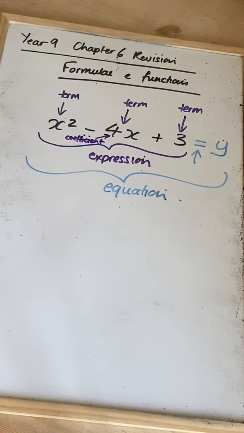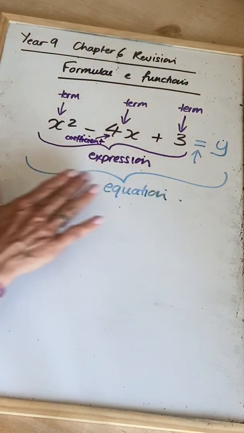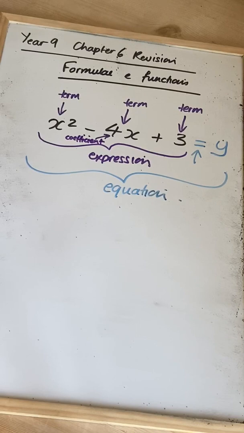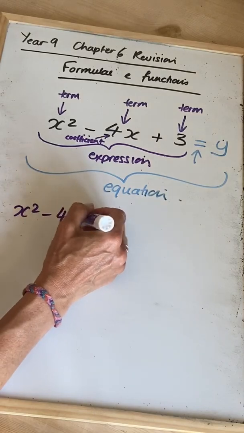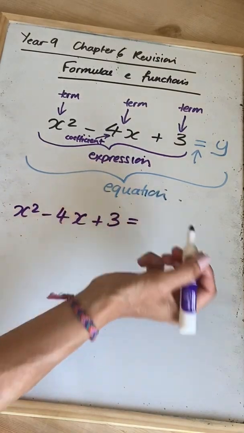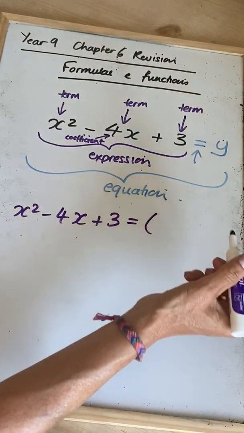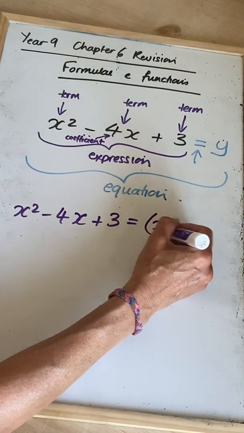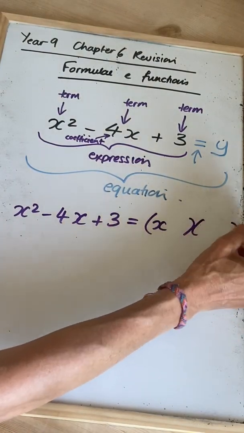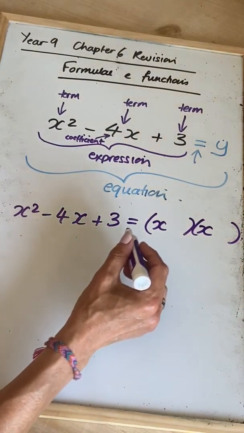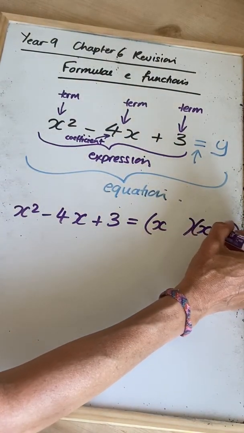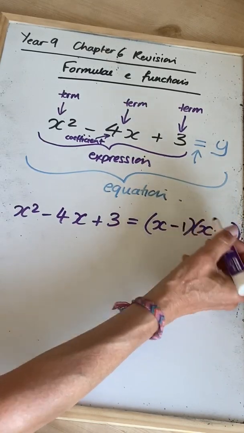Yeah. Okay, so that's an equation. If I was to change this into x squared minus 4x plus 3 equal to, and I think I had, what was this? This was, when I factorised it, equal to x minus 3, x minus 1, wasn't it?